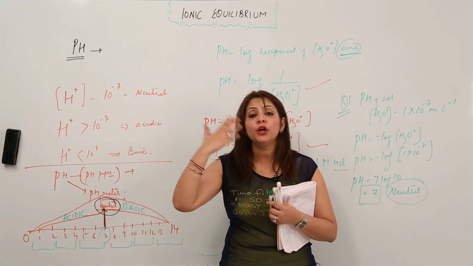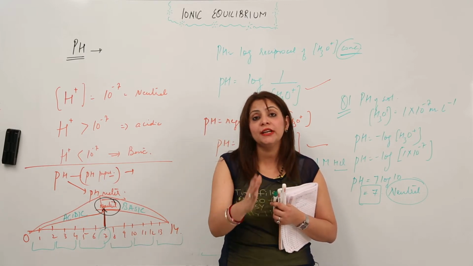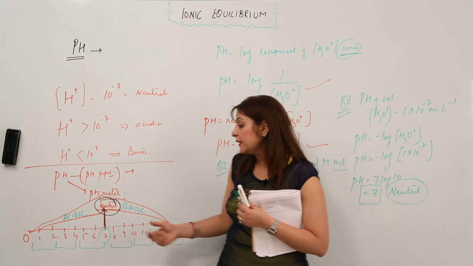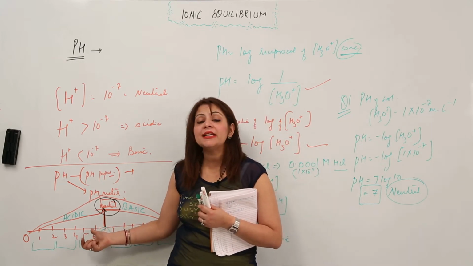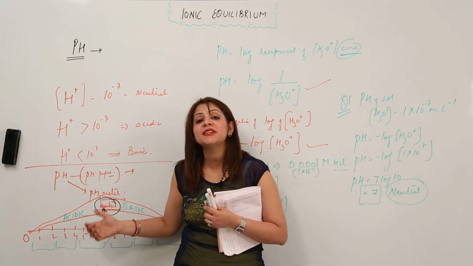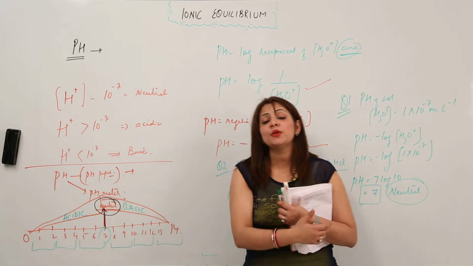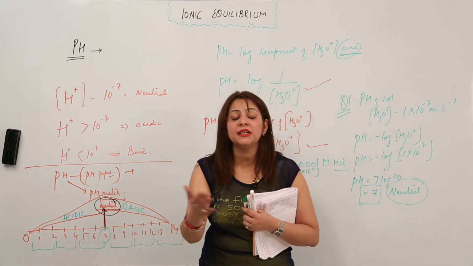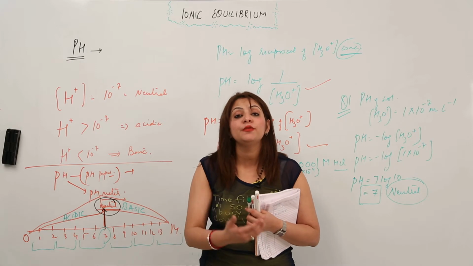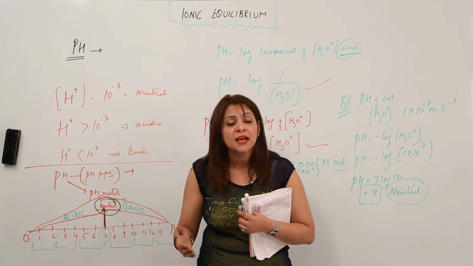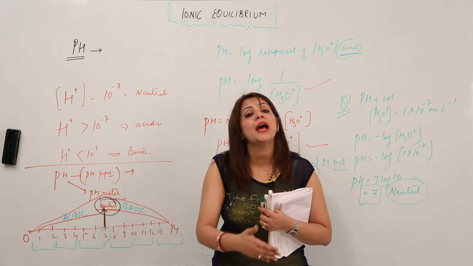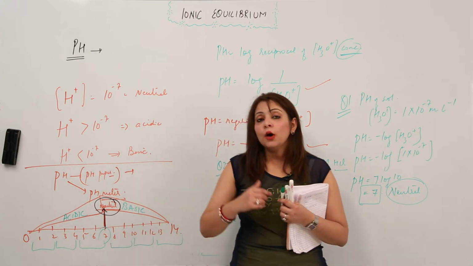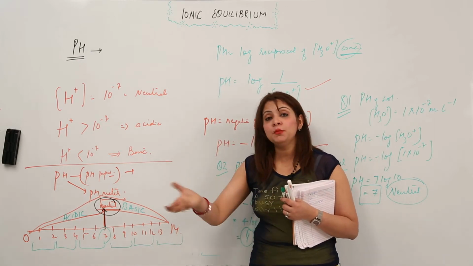Suppose it has the value 6, for example. You know that 6 falls under the category of acid. Yes, it is a weak acid, but still it is an acid. So you are going to answer that yes ma'am, it is an acid, but it is a weak acid because its pH is 6, and we know that the lesser the pH, the more acidic the substance is, right?